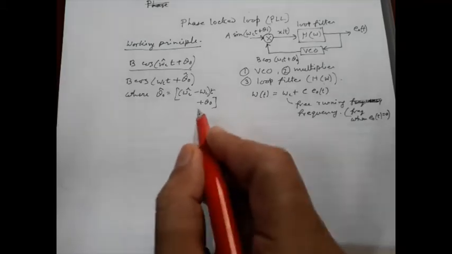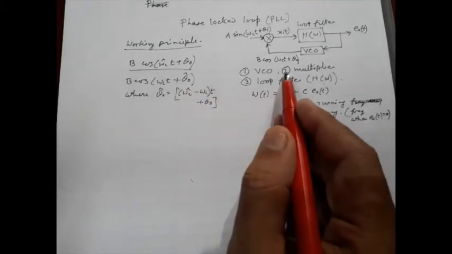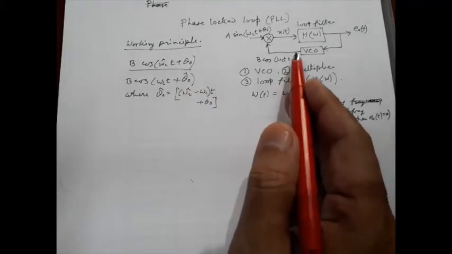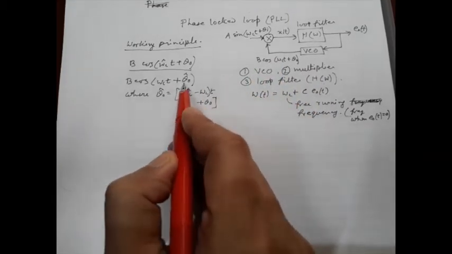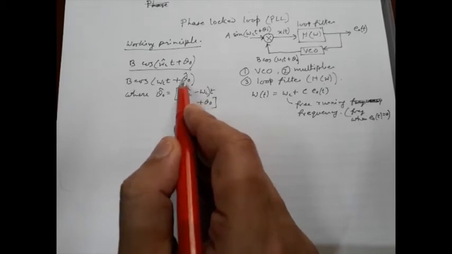That means if there is change in frequency, that change in frequency can be written in terms of change in phase. That is why it is called phase lock loop.